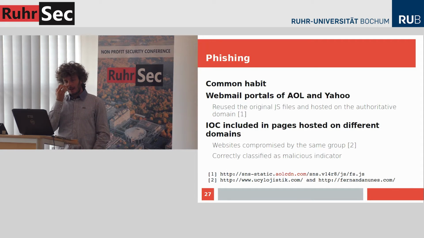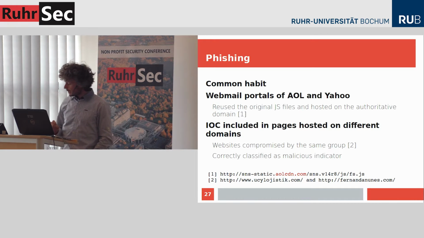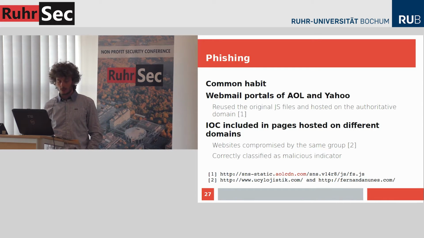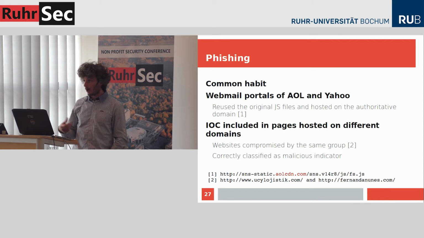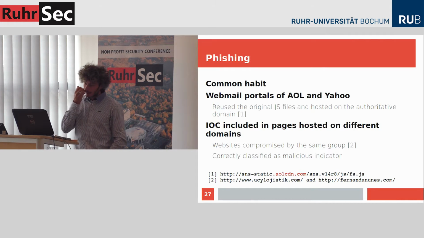And another common habit for attackers is to install phishing kits, because phishing is a very easy way to get money out of the fake pages. So what they normally use are phishing kits that are ready to use.